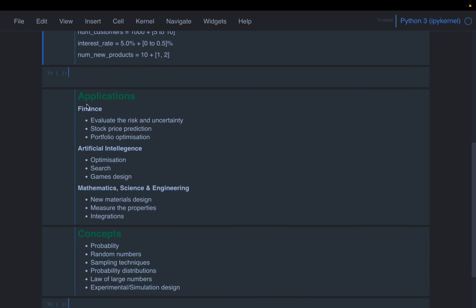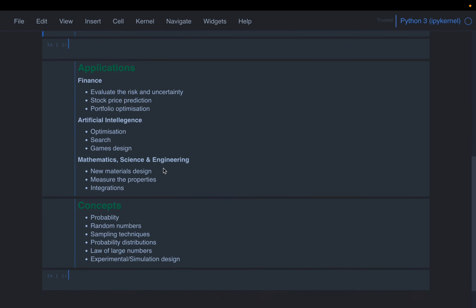Now, here I have listed a few applications, but as I was saying, Monte Carlo simulations have applications in every area one can think of. Okay. Now, we discussed this. For example, in this artificial intelligence space, the two areas where they are mostly used are optimization and search, right?